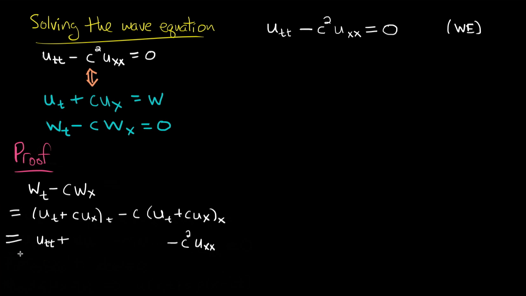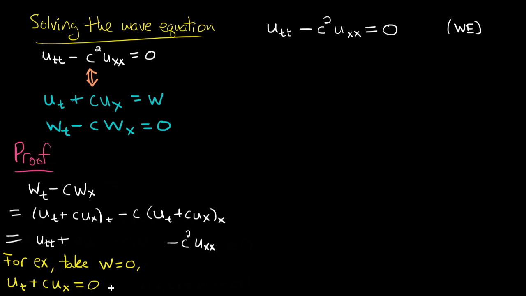So for example, if I was to take W equals 0, that's a perfectly good solution to WT minus CWX is 0. Plug in that W on the right hand side here and solve UT plus CUX equals 0.